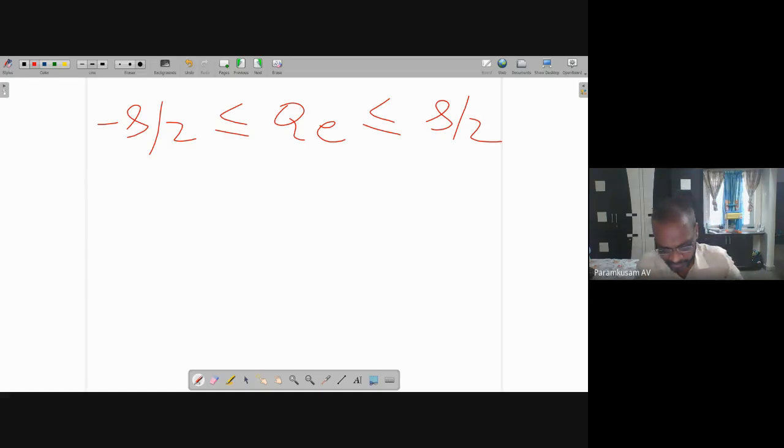You note down that point. Assume that the error is equally likely to lie anywhere in the range -s/2 to +s/2. Okay.